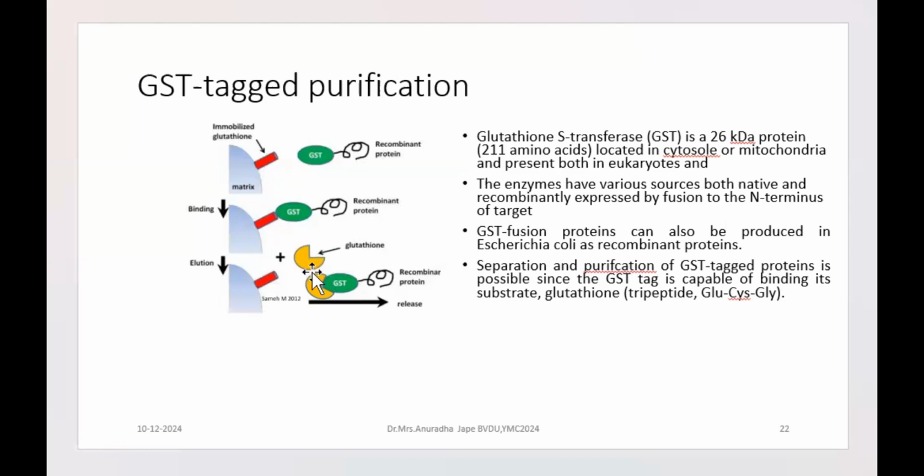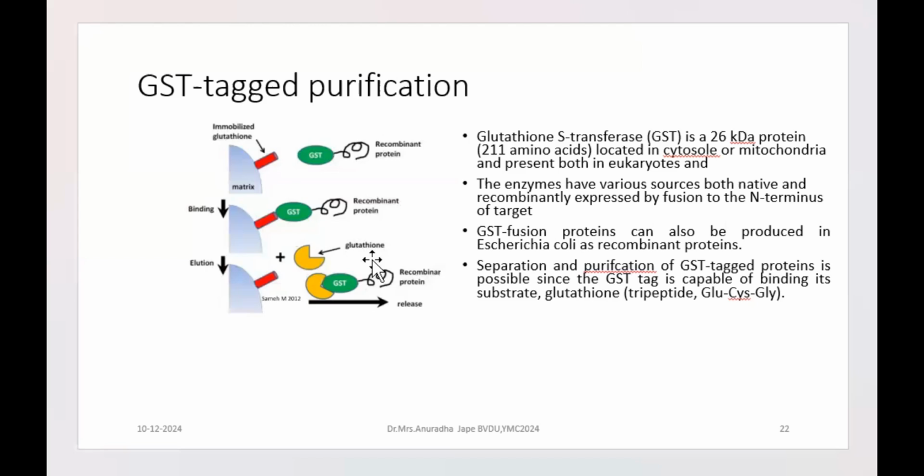So here you are going to have a competitive interaction. As in enzymology, you must have heard about a competitive inhibitor, a structurally similar molecule with little variation. So here also competitive interaction is taking place. The GST-tagged protein is here, with the GST component bound to this ligand glutathione.